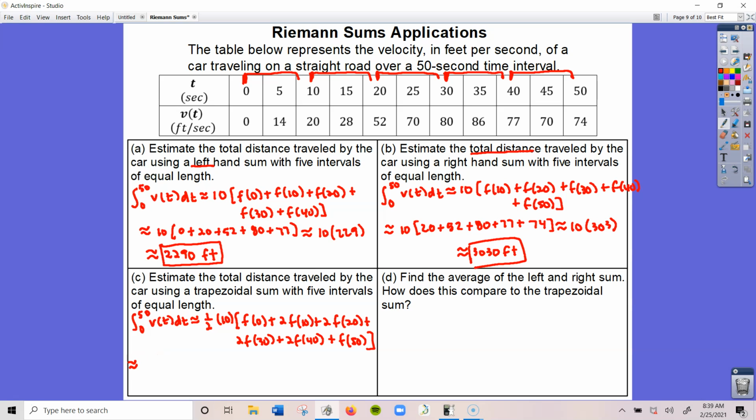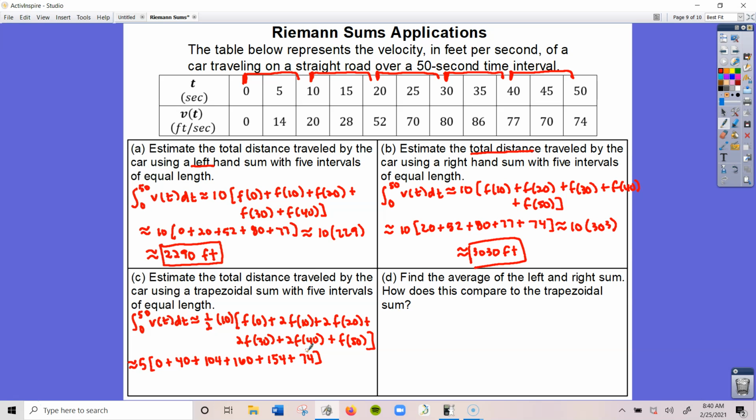Now we plug in those function values. Half of 10 is 5, times f of 0, which is 0, plus 2 f of 10, which is 20, so 2 times 20 is 40, plus 2 f of 20, so twice 52 is 104, plus 2 f of 30, so 80 times 2 is 160, plus 2 f of 40, which is 77, so 2 times 77 is 154, plus f of 50, which is 74.